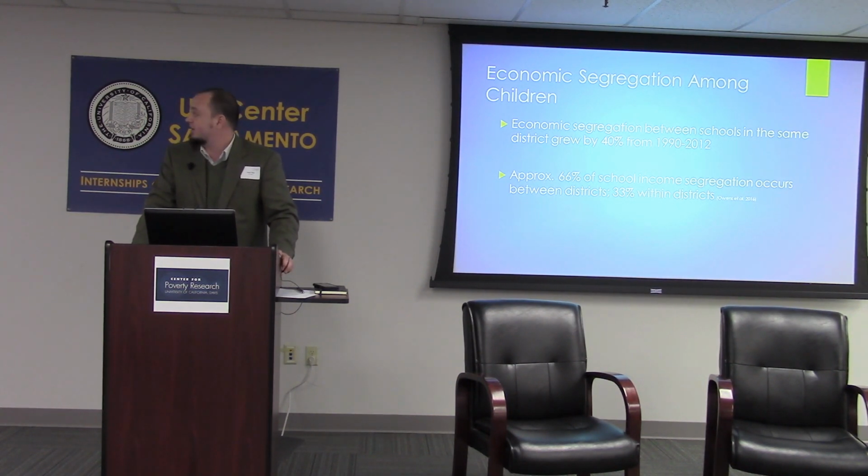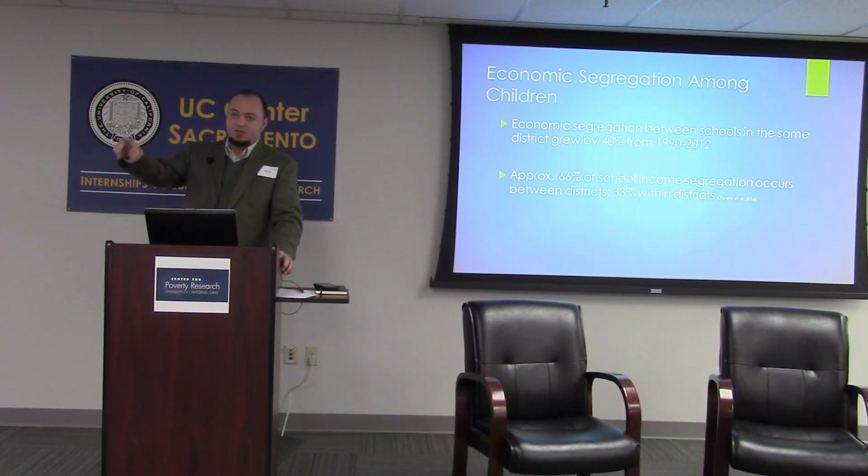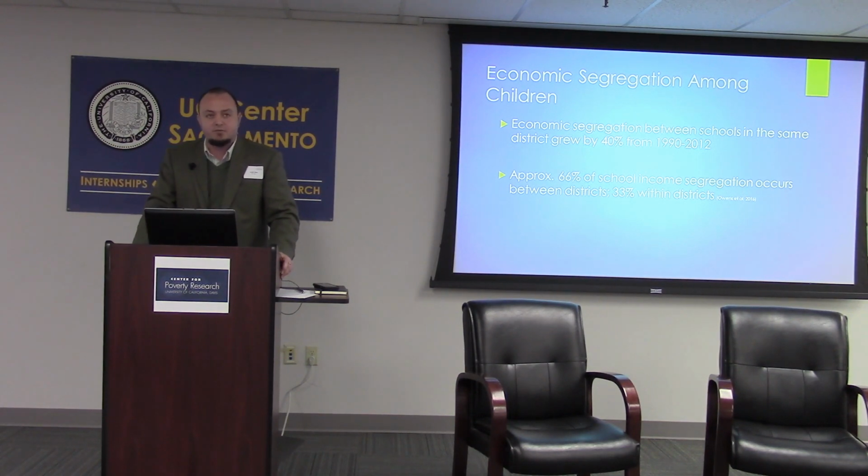But the remaining third is driven by segregation of more advantaged and less advantaged students within particular schools in the same district. And this within school district segregation across schools has also experienced a marked increase in recent years, growing by 40% from 1990 to 2012.